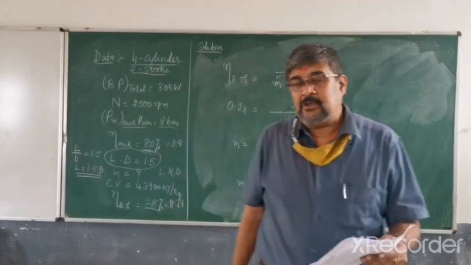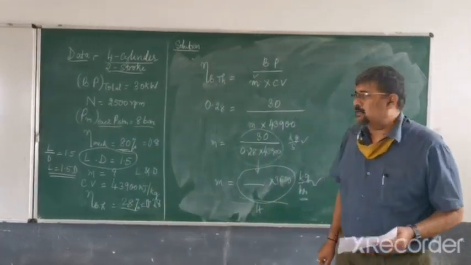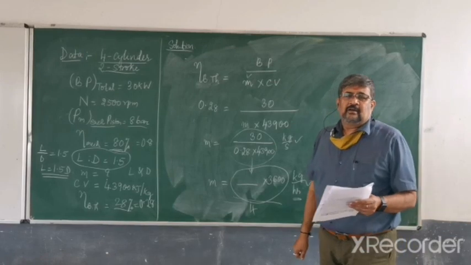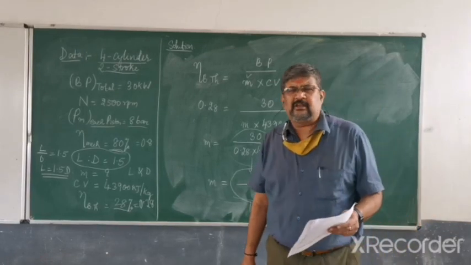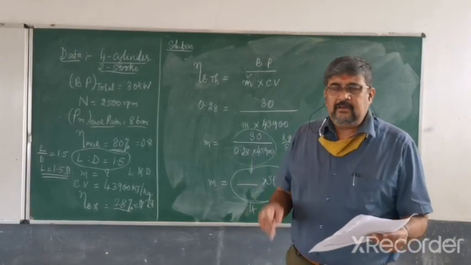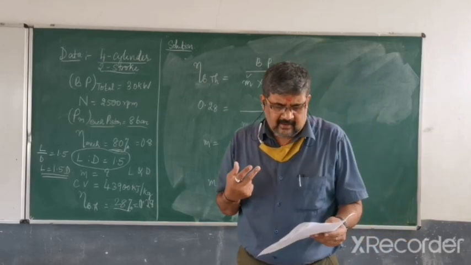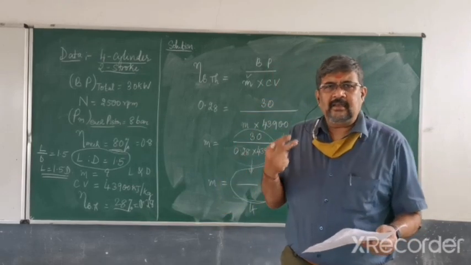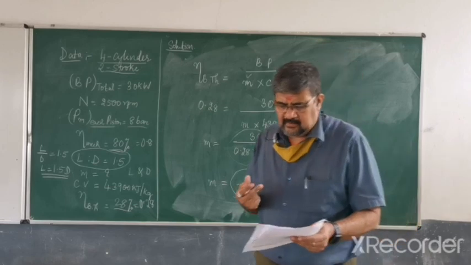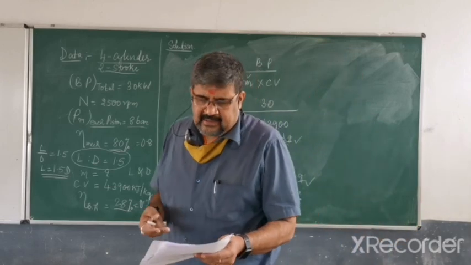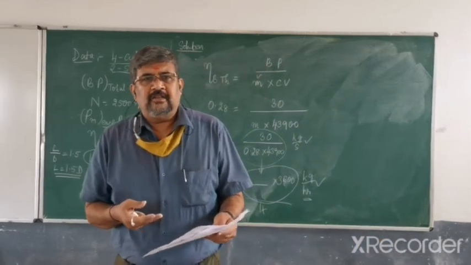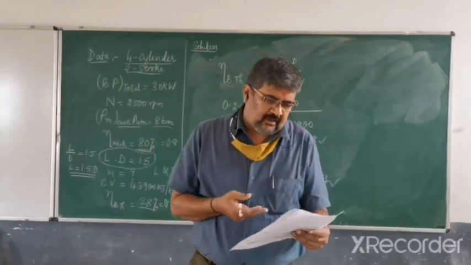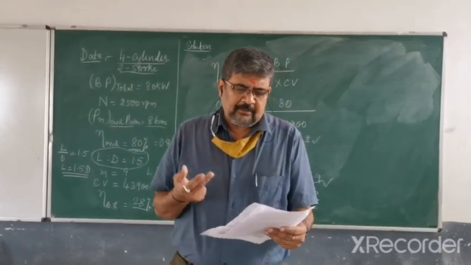As I said, please make sure that you use your calculator properly and get the values. You can't get very absurd values as such. So as I said, we have to think and then assume what value is given. They have not directly mentioned whether it is the indicated power or the brake power. It is just mentioned as it develops 30 kilowatts.